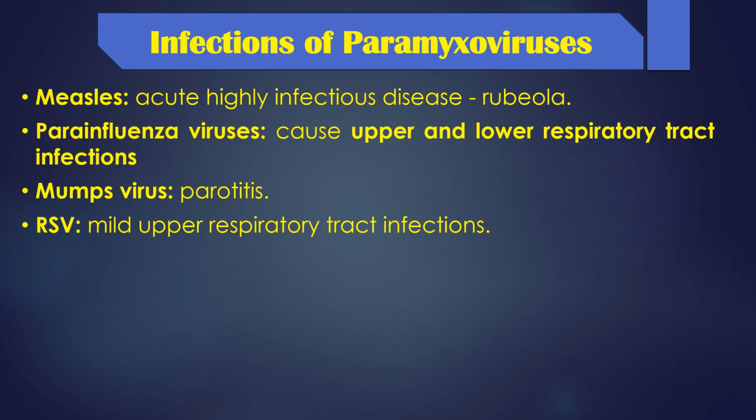And secondly, parainfluenza viruses, which cause upper and lower respiratory tract infections, especially in children, including pharyngitis, croup, bronchitis, bronchiolitis, and pneumonia. Another virus is the mumps virus, which causes parotitis. The RSV virus causes mild upper respiratory tract infections in children and also in adults, but can cause life-threatening pneumonia in infants.